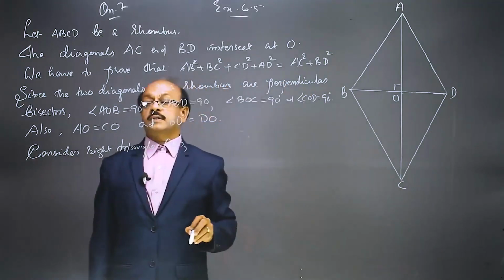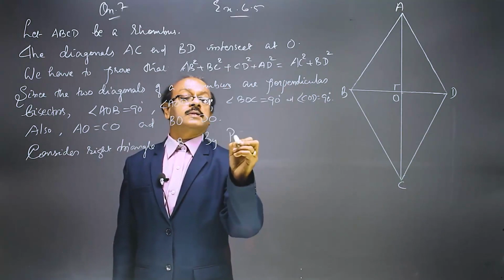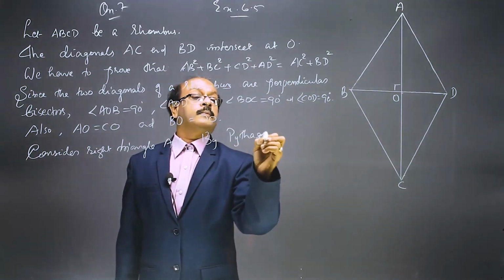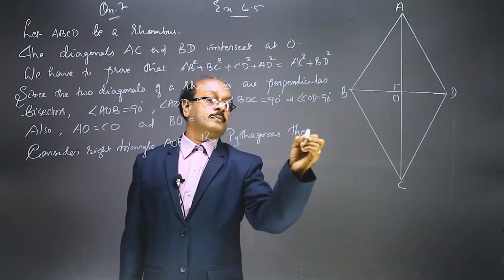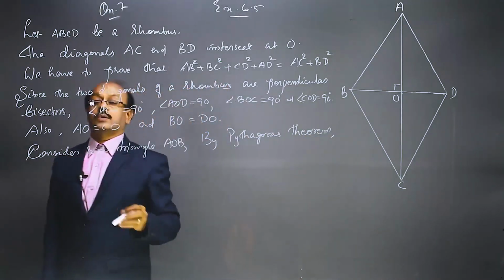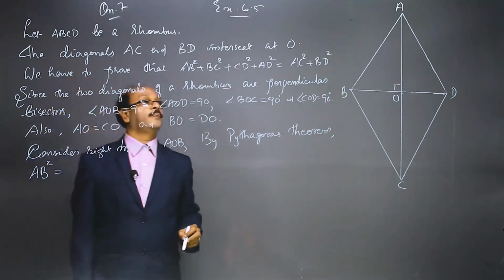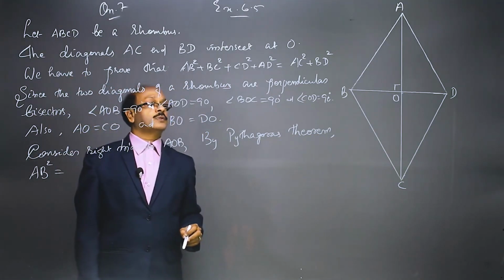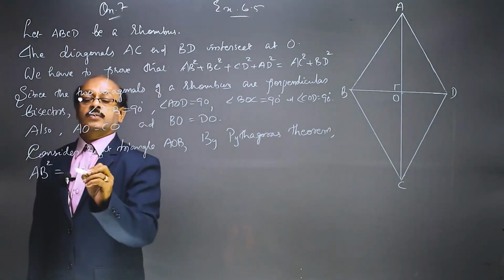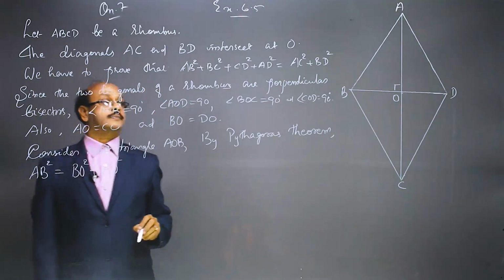Therefore, by Pythagoras theorem, AB square is equal to AO square plus BO square, or BO square plus AO square.